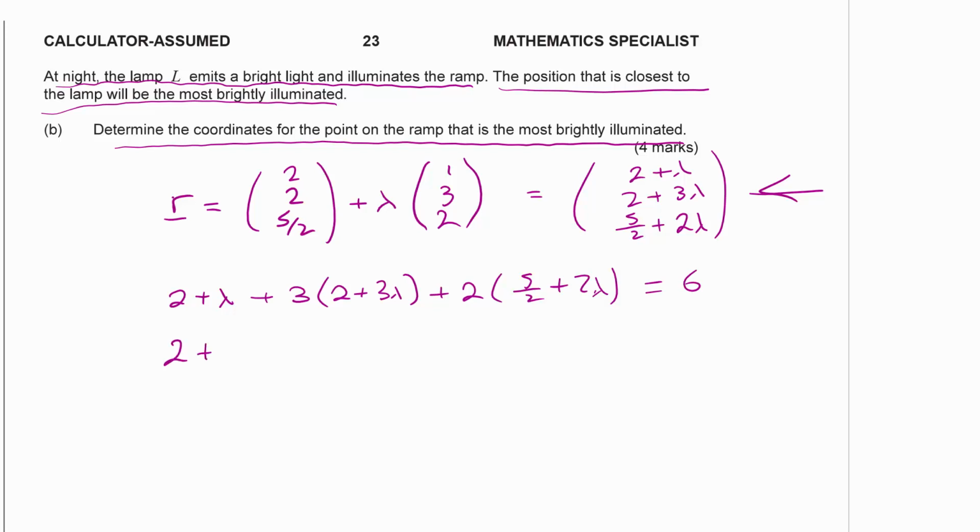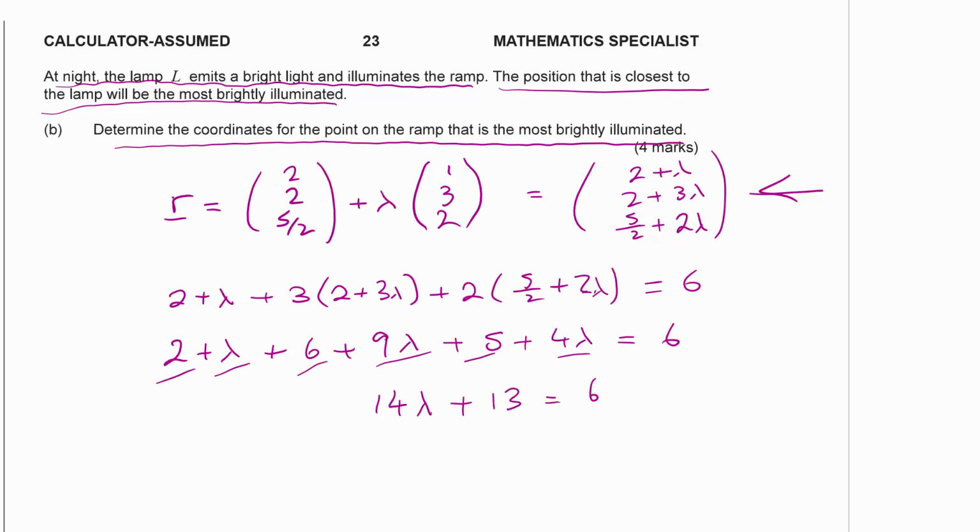So that is 2 plus lambda plus 6 plus 9 lambda plus 5 plus 4 lambda is equal to 6. How many lambdas do we have? 1, 10, 14. So 14 lambdas, and 2 add 6 add 5 is 13. So 14 lambda is equal to negative 7, giving us lambda is negative 0.5.